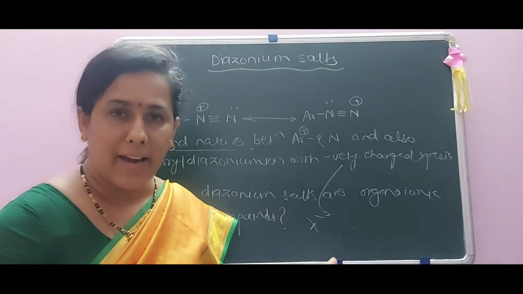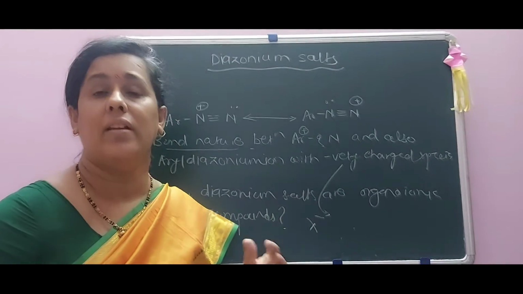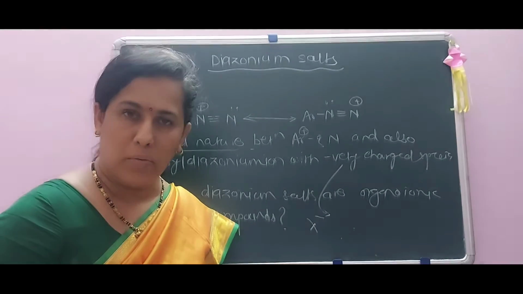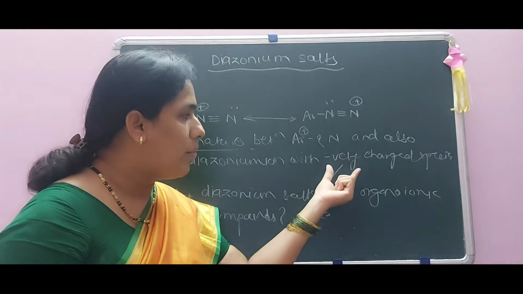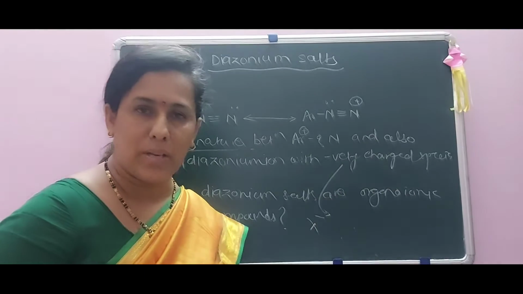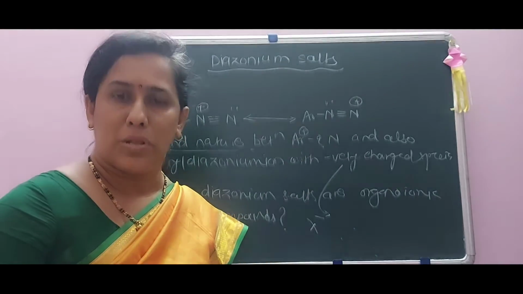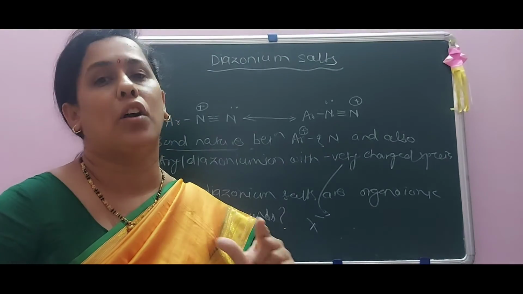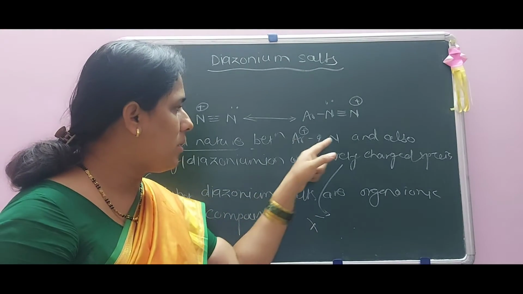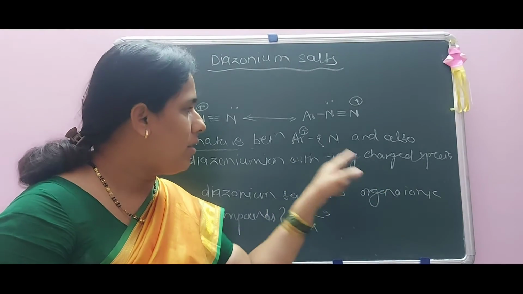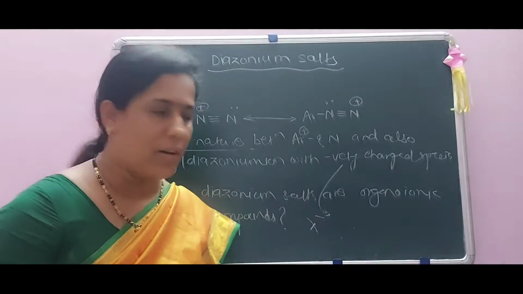My explanation is that the bond between aryl nucleus and the nitrogen is a covalent one, while the bond between the negatively charged species and this positively charged aryl diazonium species is an ionic one.